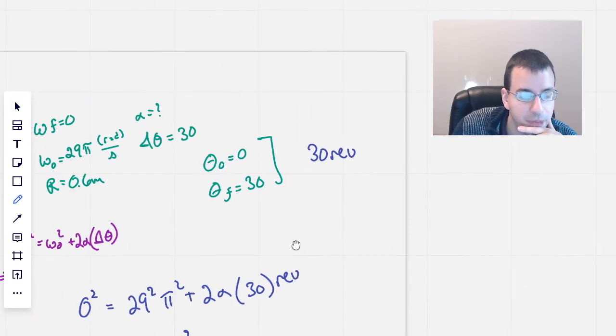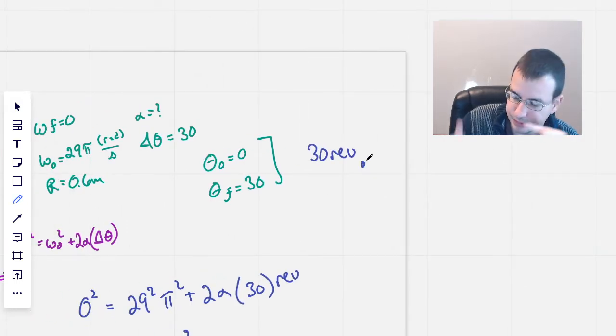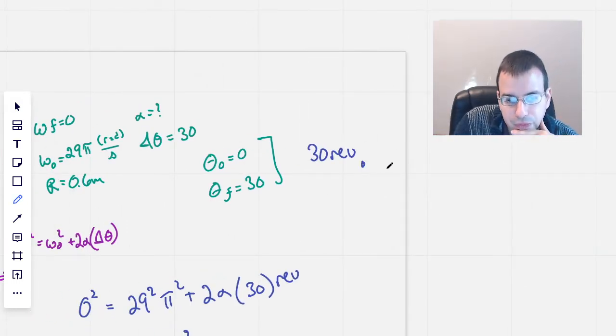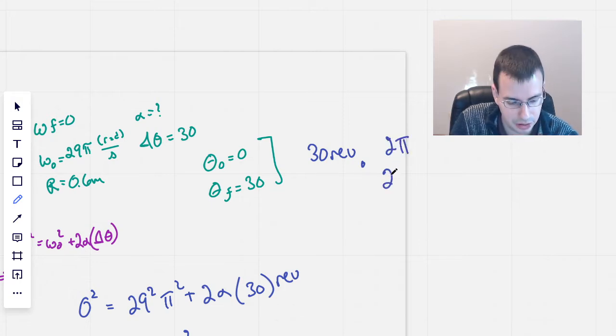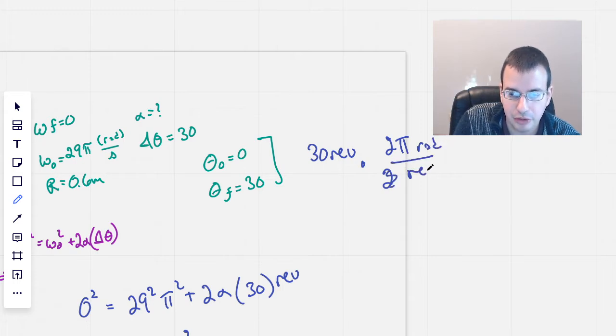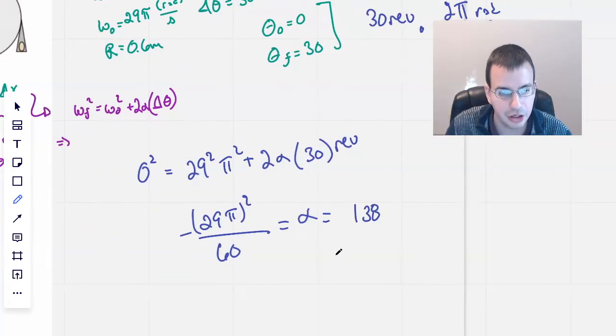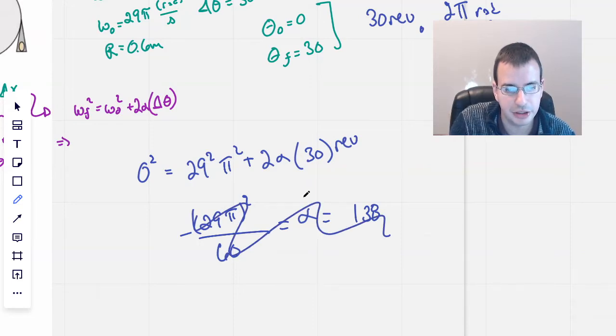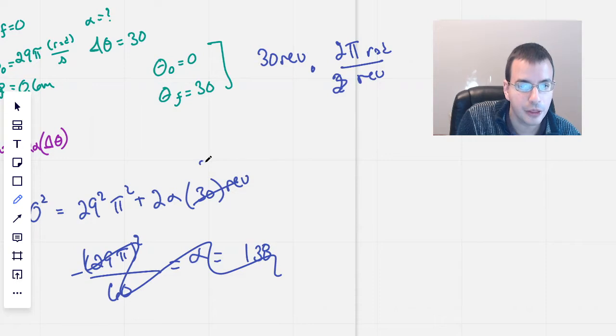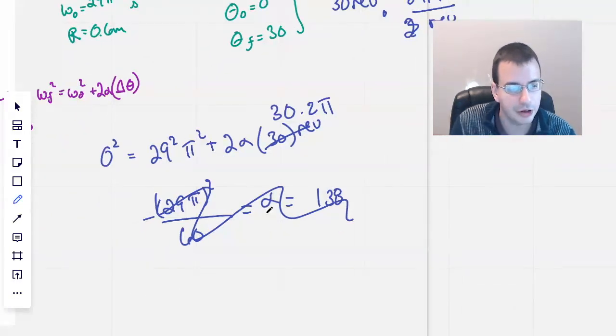We've got to convert that into radians. So there'll be 2 pi radians per revolution. Okay. So I'm going to rewrite this. This right here is 30 times 2 pi. So we do this again.